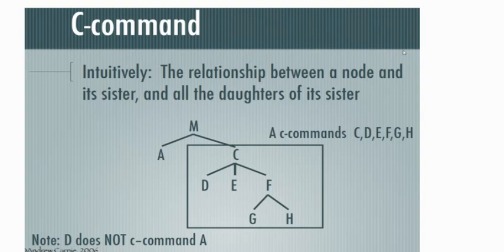A and C are sisters, right? The daughters of C are D, E, F, G, and H. So that means that A C commands C, D, E, F, G, and H, which are the daughters of C, which is a sister of A. So A commands the sister and all the daughters.